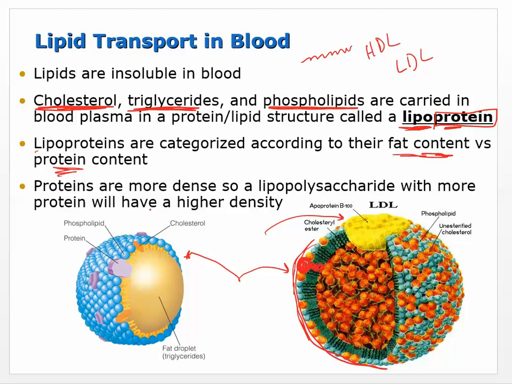So if proteins are more dense, then something with less protein and more fat is going to be less dense. Okay, so something that's got a lot of cholesterol, a lot of triglycerides is going to be way less dense than something that has more protein versus the fats. I hope that makes sense.